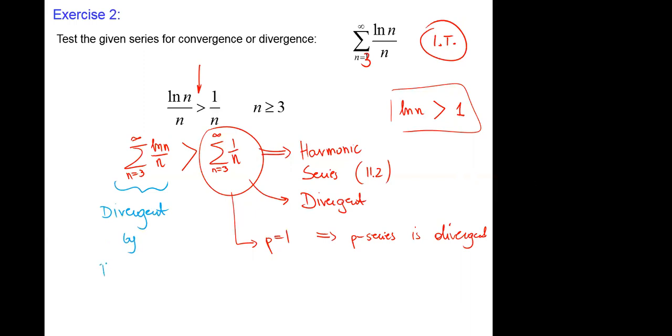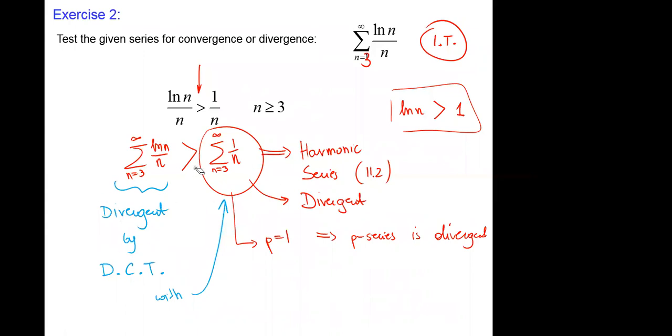Again, I'm writing divergent by direct comparison test. The easiest mistake is to say, oh, this is divergent by harmonic series, or divergent by the p-series test. No. We're comparing with 1 over n, which is harmonic, but my original problem is divergent by the direct comparison test. Remember that will be the option if you see a multiple choice question.